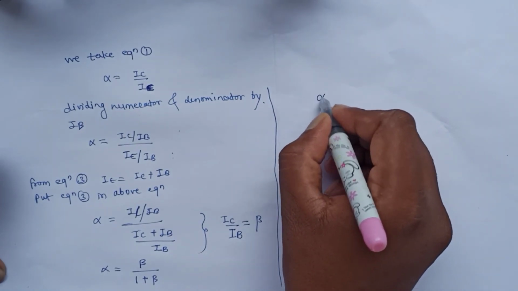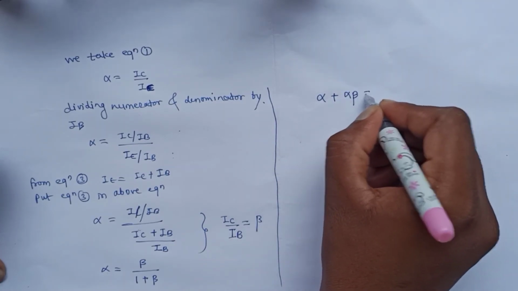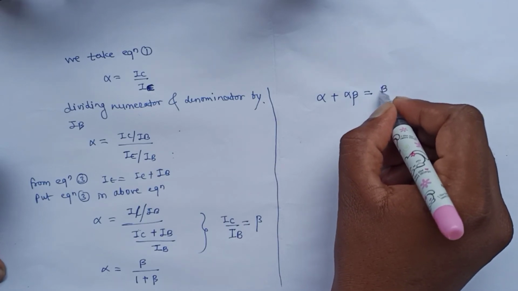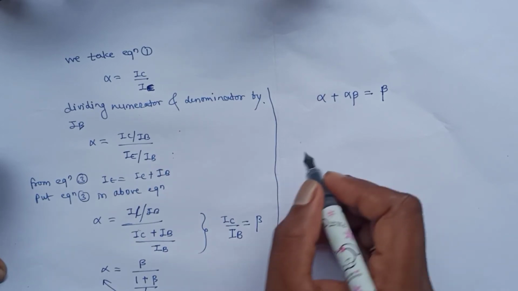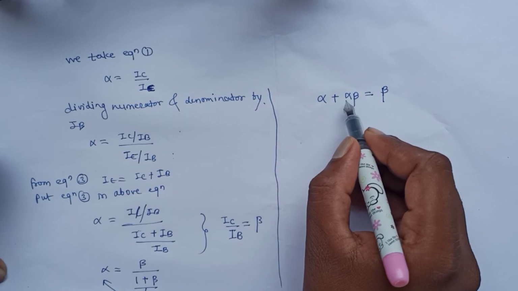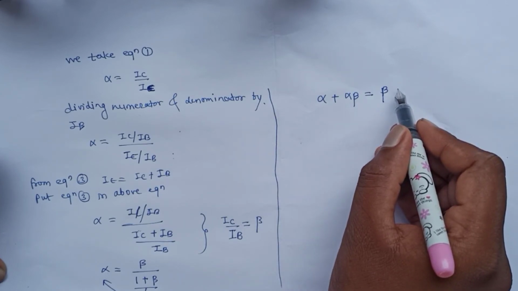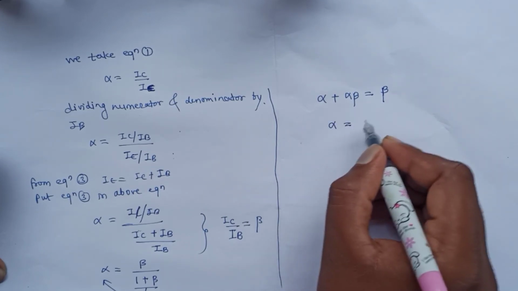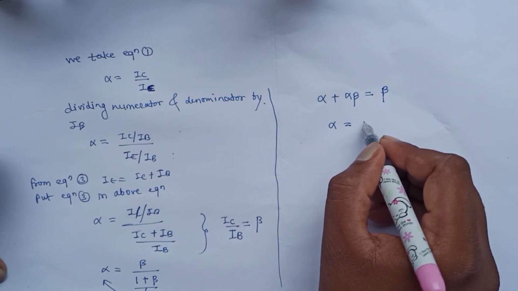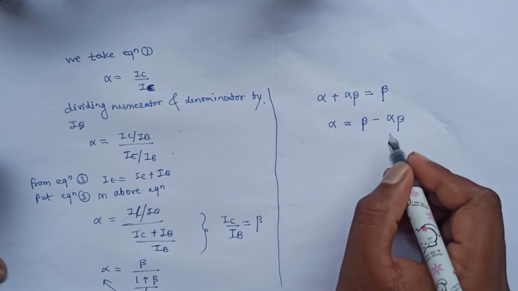So it will become alpha plus alpha beta equals beta. Now this alpha beta will go to the other side, so it will become alpha is equal to beta minus alpha beta.